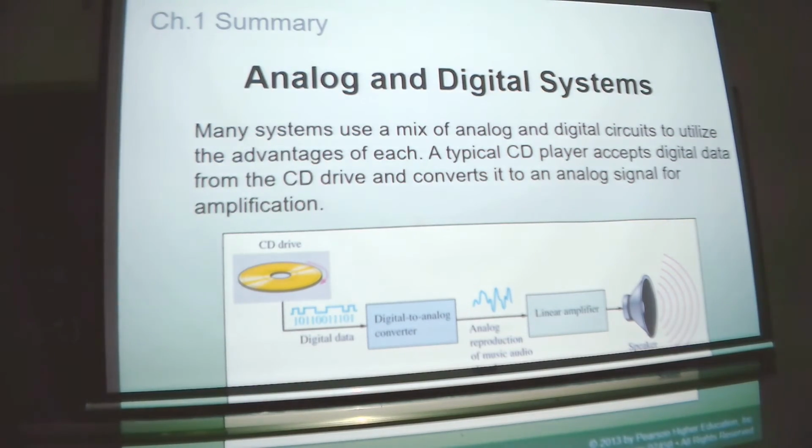Now we usually listen to music by cell phone, not CD player. The CD player accepts digital data from the CD drive and converts it to an analog signal.